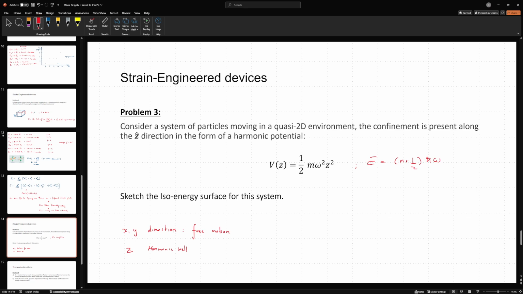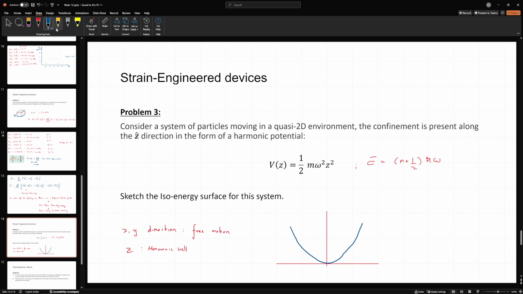Along the z direction, I have a harmonic well which confines my electrons, because as you can see, this potential is going to look something like this. It's going to be a parabola. So as z tends to infinity, the potential tends to infinity, which means this is a confining potential.